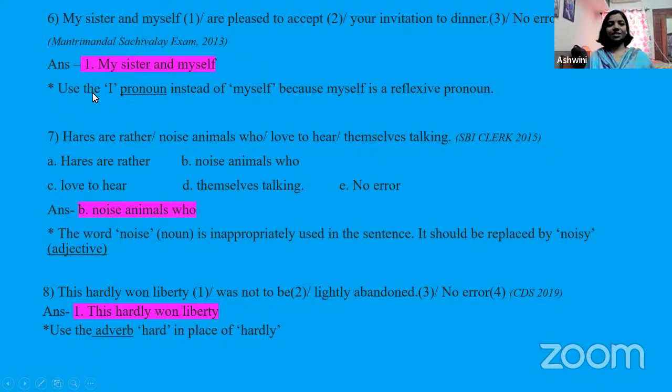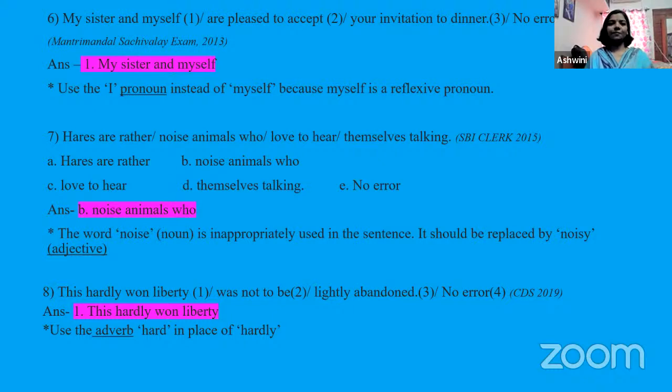Now use the I pronoun. We have to use my sister and I. Use the I pronoun instead of myself, because myself is a reflexive pronoun. We cannot use myself without I or without mentioning any name or our name. Okay, आप इसको ऐसे ही use नहीं कर सकते, because it's a reflexive.